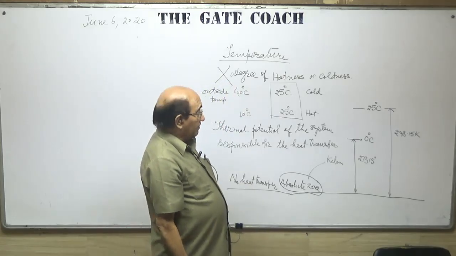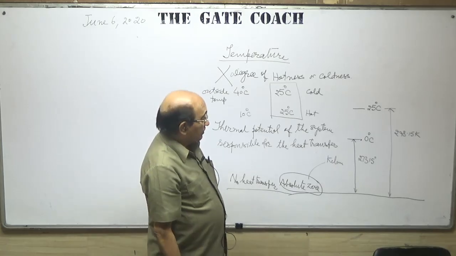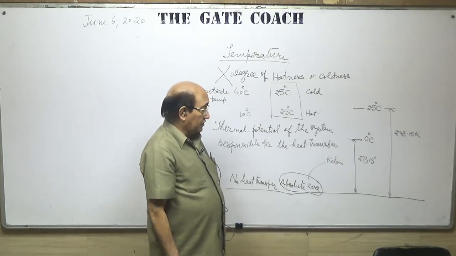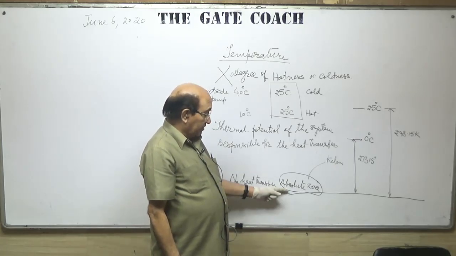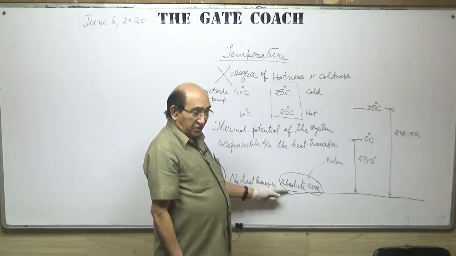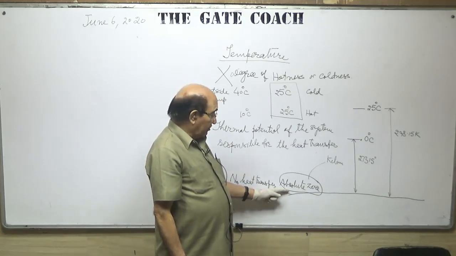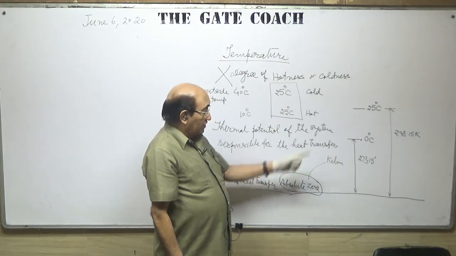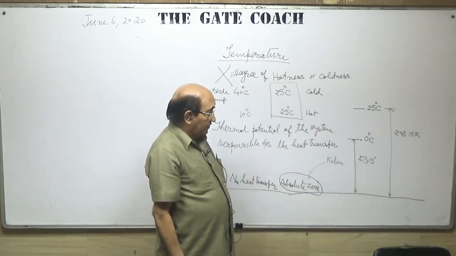As read with the help of the thermometer, temperature indicated 25 degrees Celsius. For all our calculation purposes, as we use absolute pressure, same way we will be using absolute temperature, and that shall be called in terms of Kelvin.